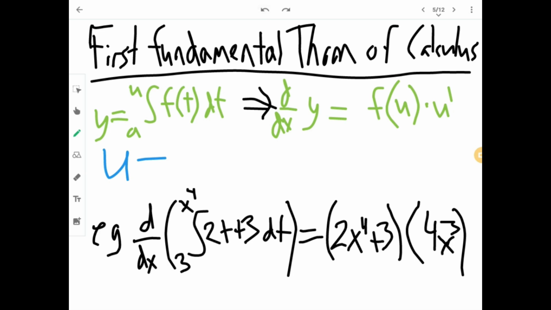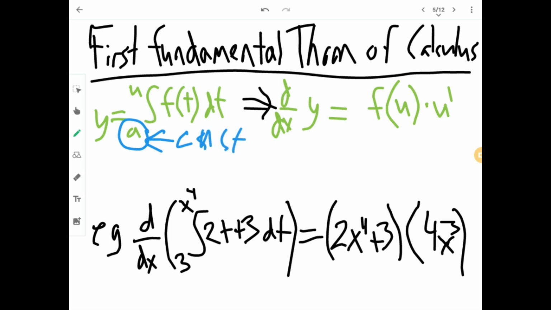It states that the derivative of the integral of f of t dt is equal to the function of u. But remember, this a has to be a constant.